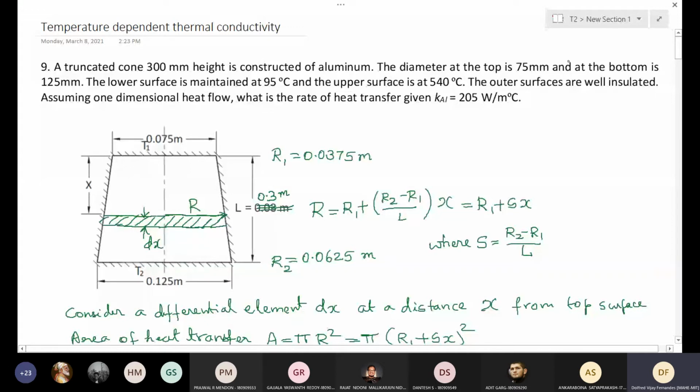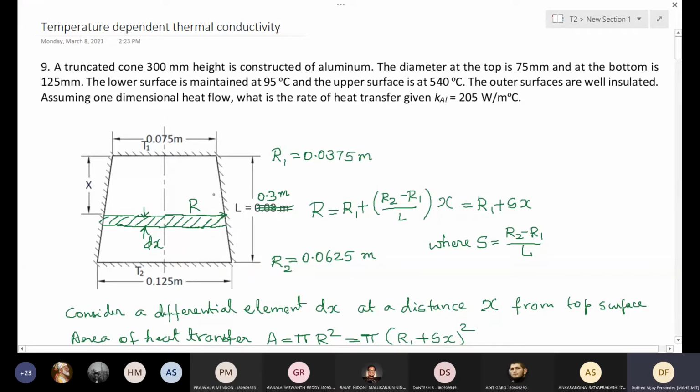So we stopped at this problem in the last class, which is a truncated cone of 300 mm height, constructed of aluminium. The cone has its top surface heated to 540 degrees, and the base is at 95 degrees centigrade.